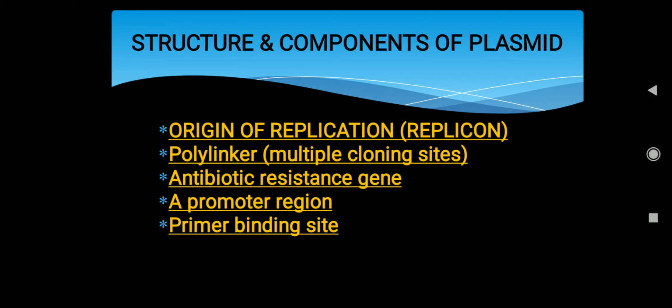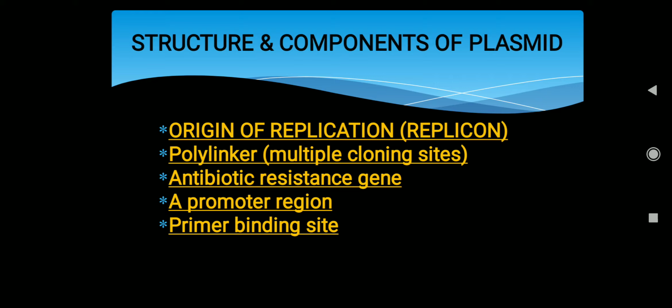The next component is the polylinker component or multiple cloning site. As the name says, it is a cloning site. So, for genetic engineering studies, various genes of interest, various DNA molecules that we have to study, can be inserted in this region. The polylinker site or multiple cloning site contains a large number of restriction sites.